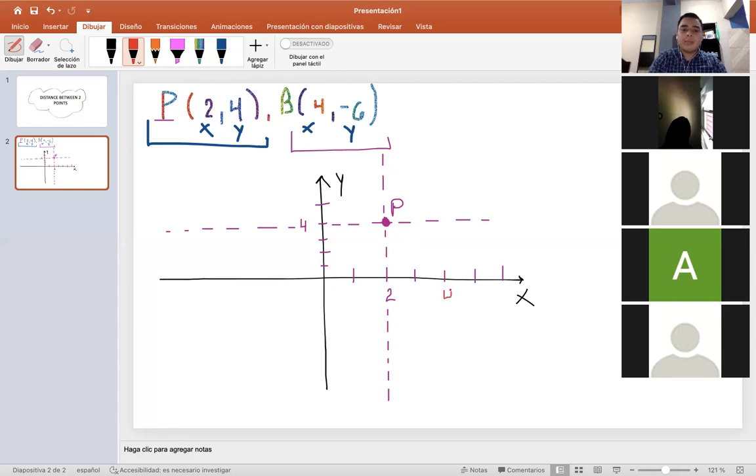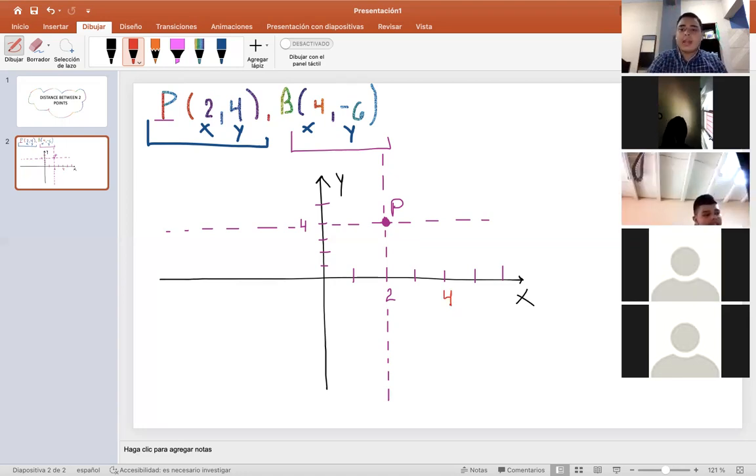So we are going to have positive 4 in here. Negative 6 belongs up or down the y-axis, the vertical axis? Down, yes. So 1, 2, 3, 4, 5, and 6. So here we are going to have negative 6.